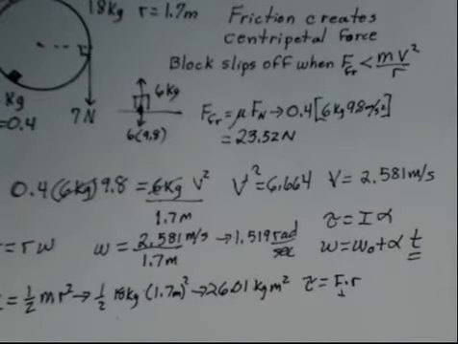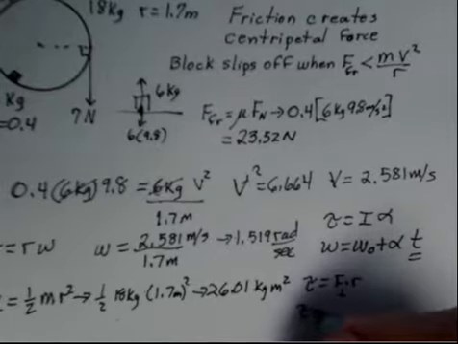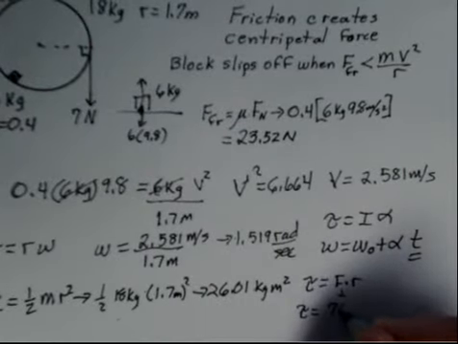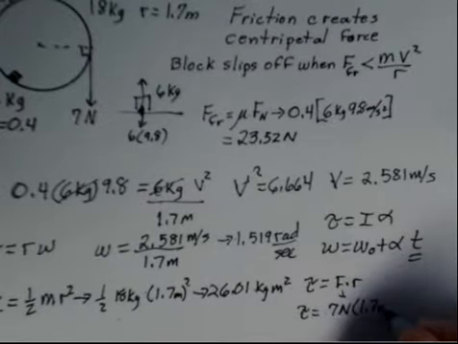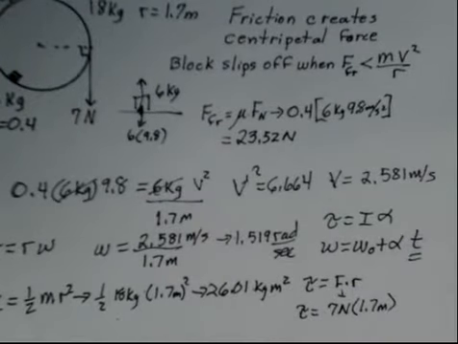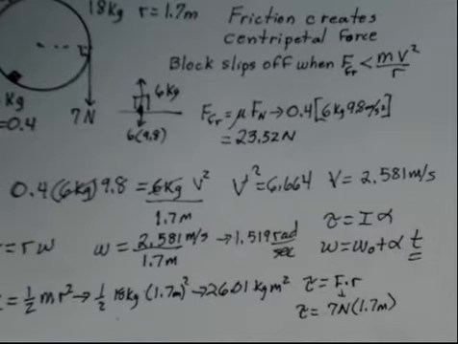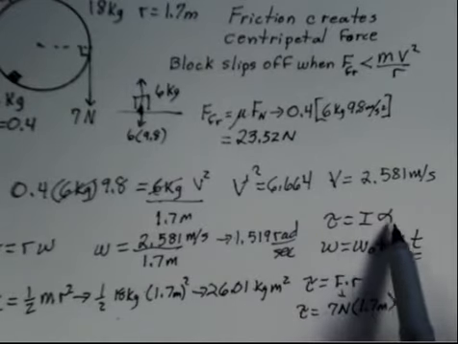So doing that calculation, we have 7 newtons and we have 1.7 meters. That gives us our torque value, and I'm not going to bother to calculate that number. You can, but now I want to plug it in and find alpha.